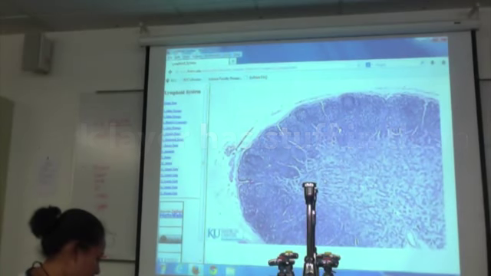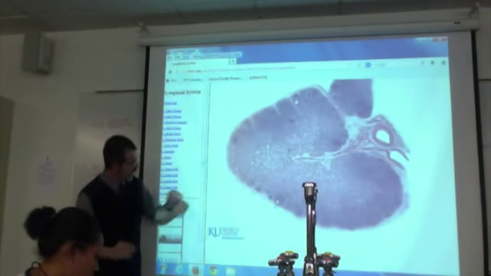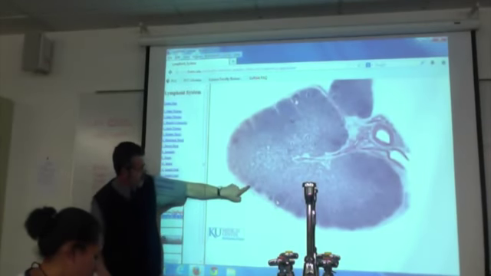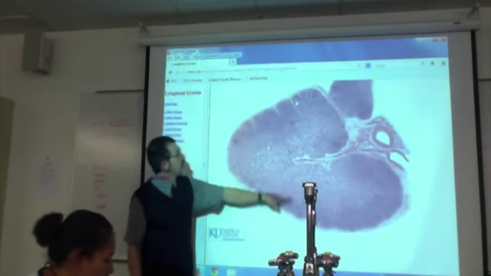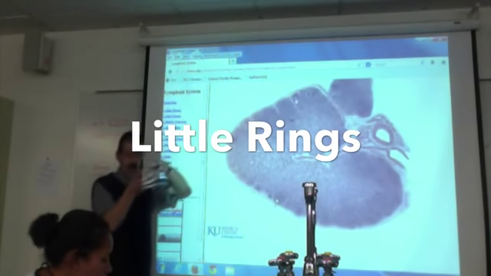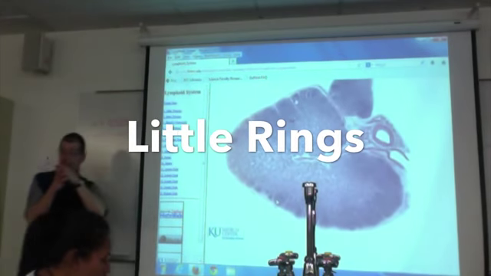So you have to look carefully right here. On my little screen you can see it better, honestly. But what do you see there? Germinal center. You see circles, right? Little rings. What did you call rings in the thyroid gland? Follicles. What do you call them here? Follicles.